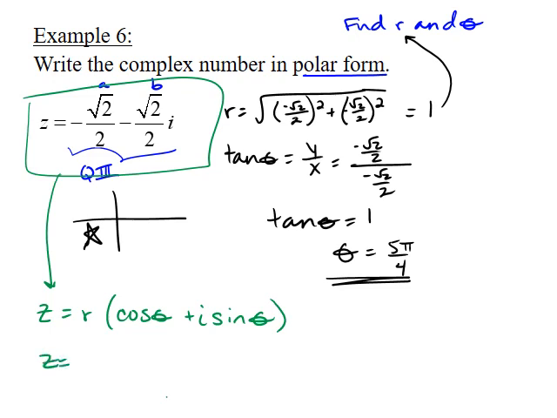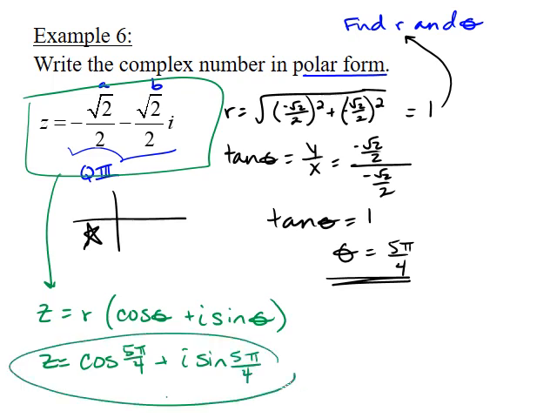So z is equal to, in this case, r is 1, so we don't need to write it, but we will have cosine of 5 pi over 4 plus i sine of 5 pi over 4. If you evaluate this, it will get you right back to where we started. So it's nice to have that as a check.